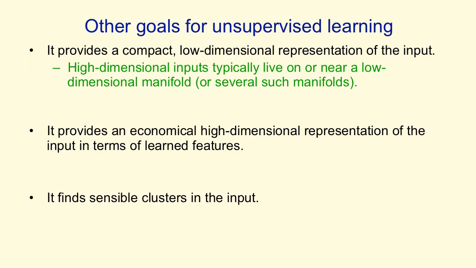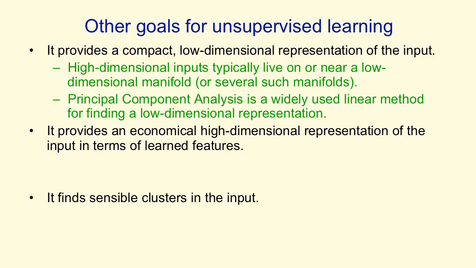There may only be a few hundred degrees of freedom in what can happen. So what we want to do is move from 1,000,000 pixels to a representation of those few hundred degrees of freedom, which would be equivalent to saying where we are on a manifold. Also, we need to know which manifold we're on. A very limited form of this is principal components analysis, which is linear. It assumes that there's one manifold, and the manifold is a plane in the high-dimensional space.